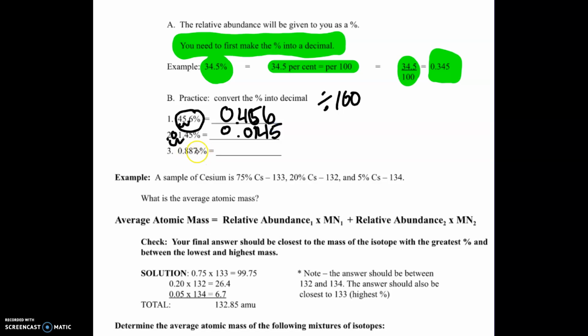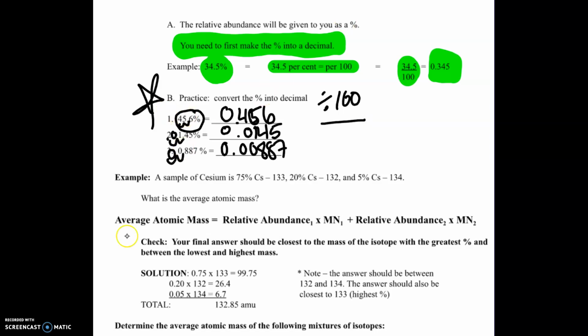This one right here, you can do that by moving the decimal over, or if it gets really small, don't be afraid to use your calculator. So we got to go 1, 2 places to the left, 0.00887. So make sure you're comfortable converting those percents to a decimal. One thing to be careful of, don't press that percent button on your calculator. Sometimes that's pre-programmed to do different things. Make sure you either move the decimal by hand or actually divide it by 100.